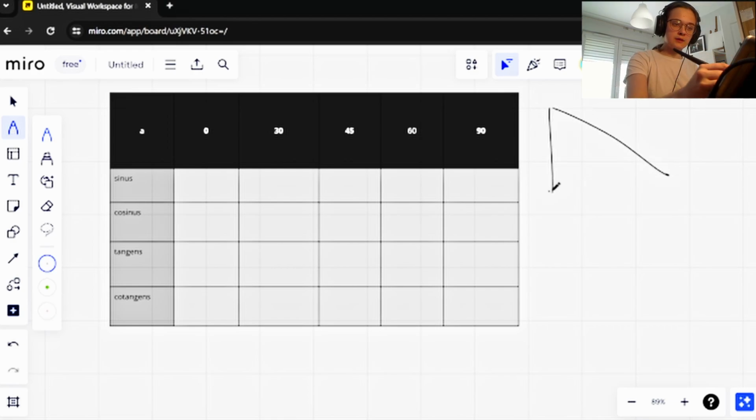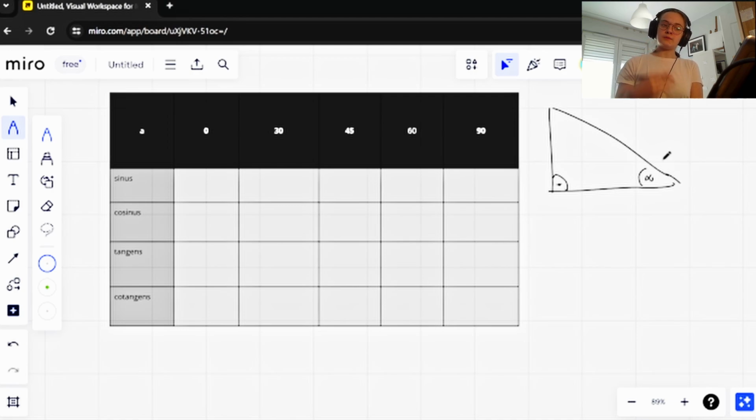We have this triangle here, and depending on where we put alpha, we can get different functions. For example, let's use this as an alpha.